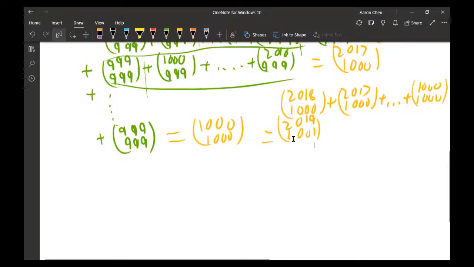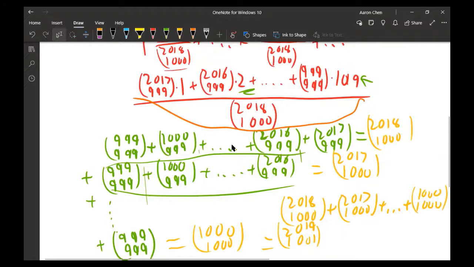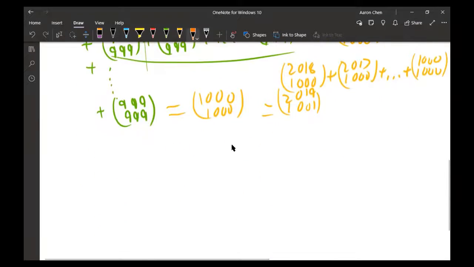And so that just means that the fraction here evaluates to just 2019 choose 1001, divided by 2018 choose 1000.